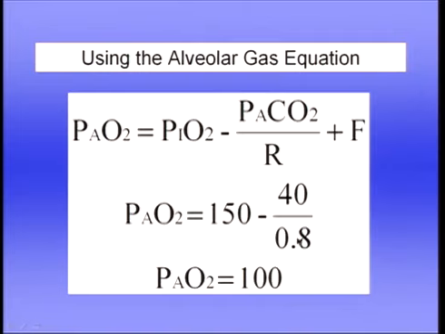It varies a little bit, 0.8, 0.85, but let's take 0.8 as a ballpark value. So if we divide 40 by 0.8, we get 50 millimeters of mercury, and therefore the alveolar PO2 is equal to 150 minus 50, and that's 100 millimeters of mercury. So that's a nice way of seeing that the normal PCO2 is 40 and the normal PO2 is 100 millimeters of mercury.